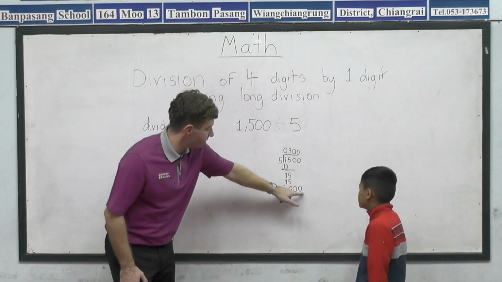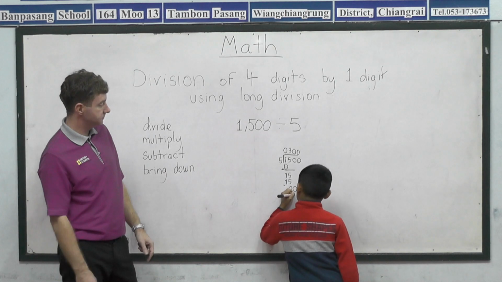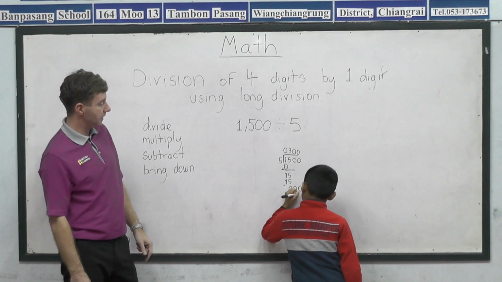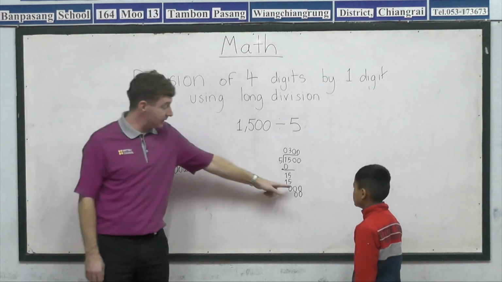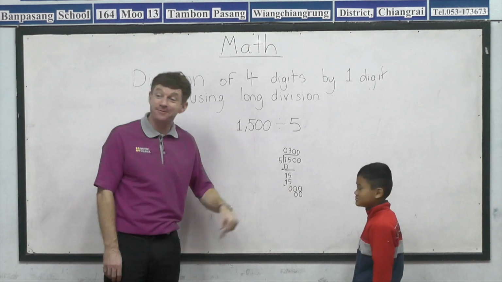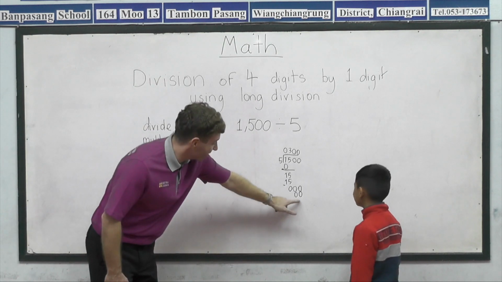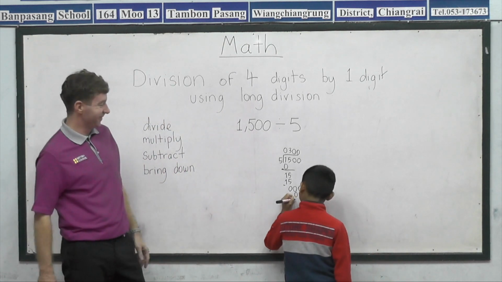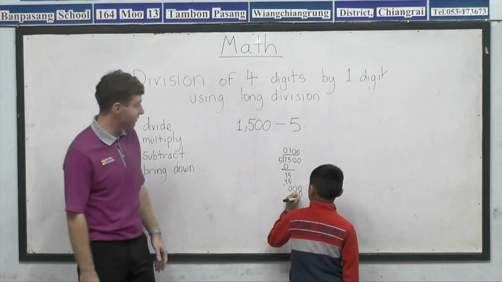So now, let's write 2 more zeros here. Excellent. And now, we subtract. 0 minus 0 equals 0. So we can write 0 again here. When we're using zeros, you'll see a lot of zeros in long division.